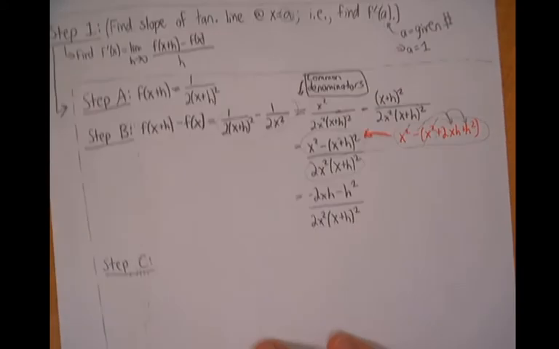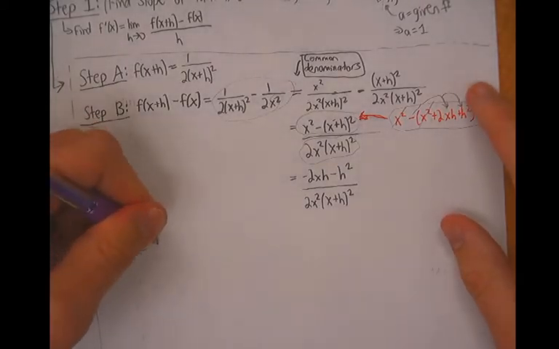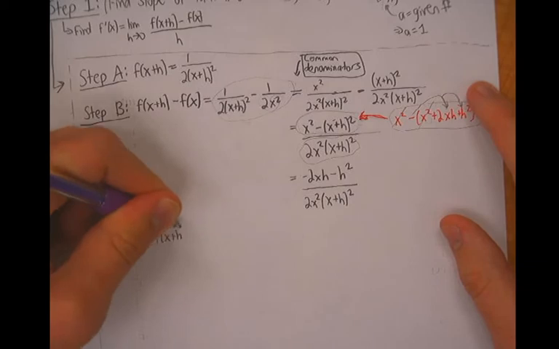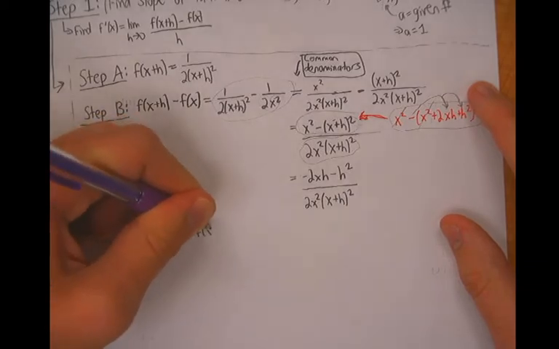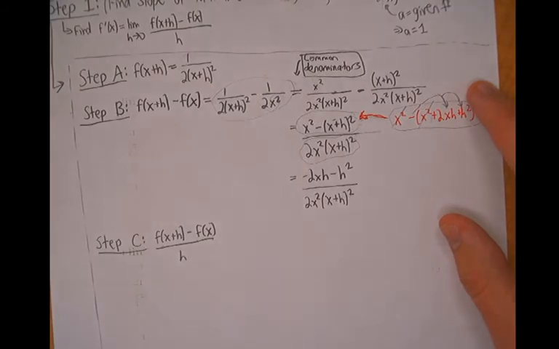All right. So now that we have the numerator of the difference quotient, let's use that to get the difference quotient itself. f of x plus h minus f of x, all that divided by h. All right.